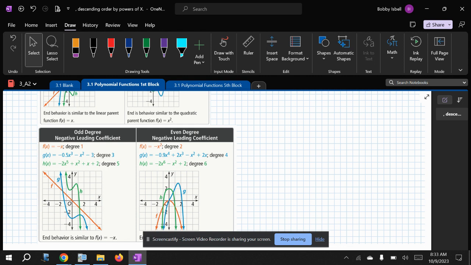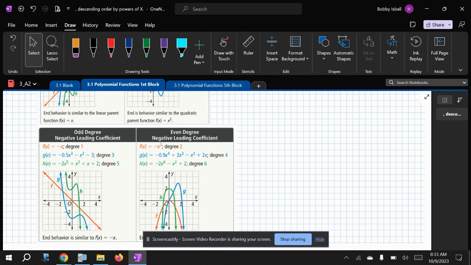And here's the catch on this. They're going to give you a polynomial that you just can't type into your calculator and see the whole graph. They're going to give you coefficients that are so large that it won't show you the whole graph. So you won't be able to just type it in and look. You'll need to know these rules. That's what they're wanting you to learn.